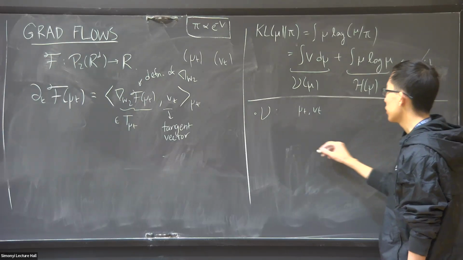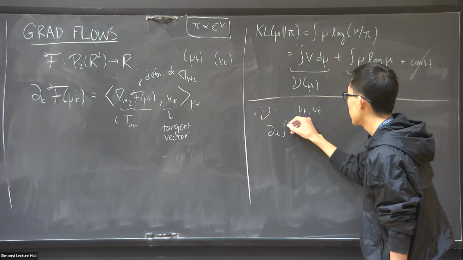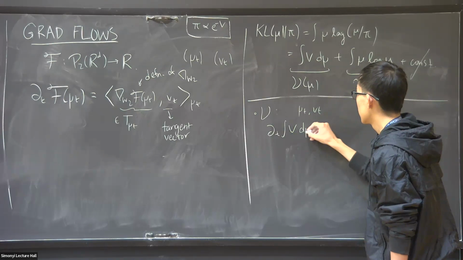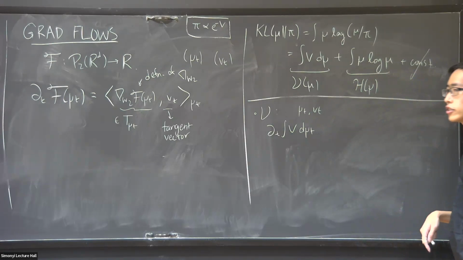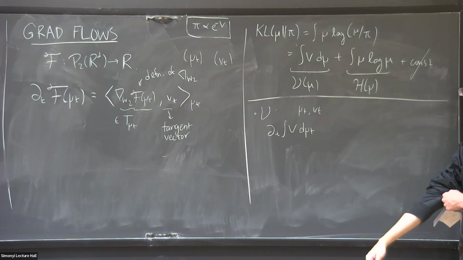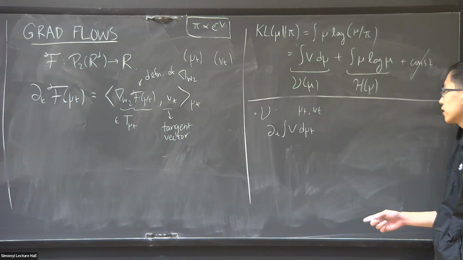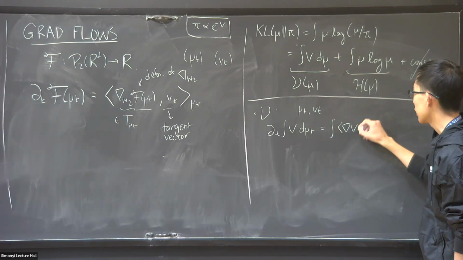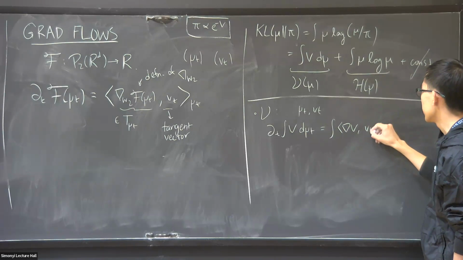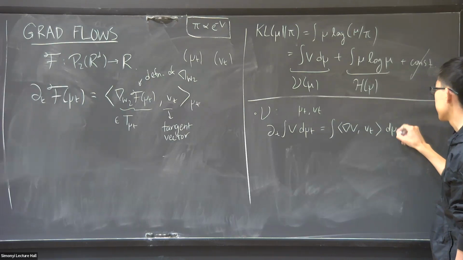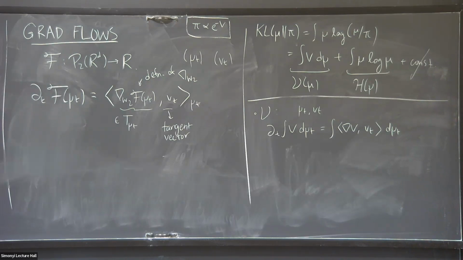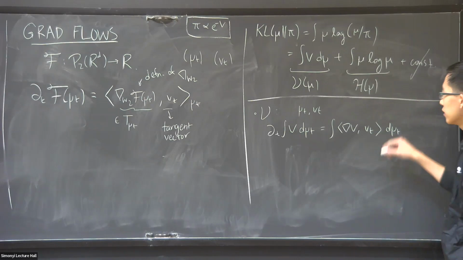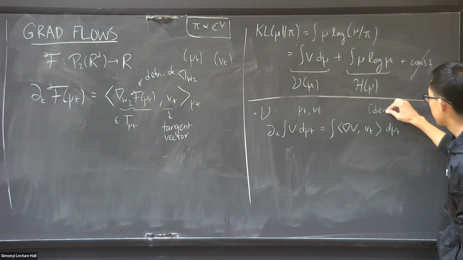I start off with a curve mu t and the tangent vector is Vt. Then I want to compute the time derivative of the integral of V along mu t. If you recall, this is exactly how we started the whole continuity equation derivation: the integral of any test function against mu t gives the inner product of the gradient of V and the velocity vector field Vt. This was just from the derivation of the continuity equation.